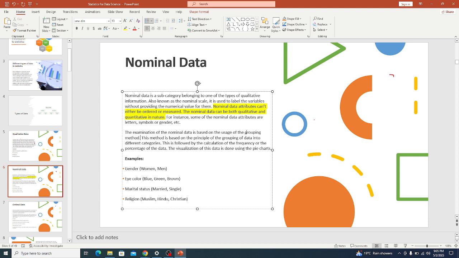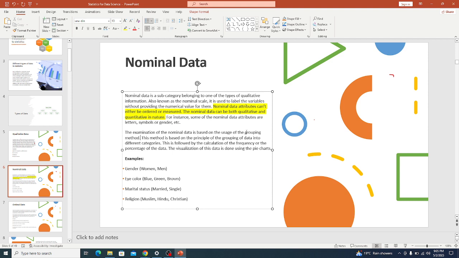We can also group, if you are given a data set containing German cars like Mercedes, Audi, and BMW, you can categorize that. Like, how many sales did you make for Audi? How many for BMW? How many for Mercedes?